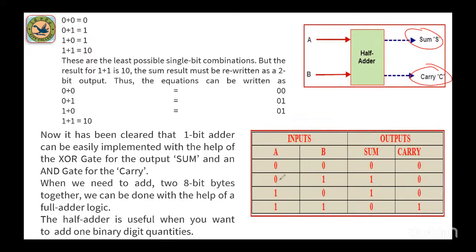So the exclusive OR gate gives the sum. Carry is the AND gate. What is the AND gate output? 0 0 is 0, 0 1 is 0, 1 0 is 0, 1 1 is 1. This is the AND gate.